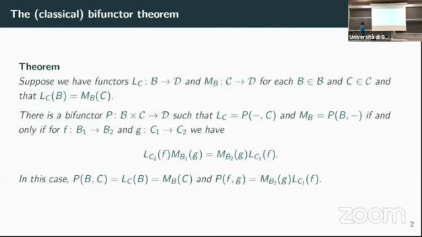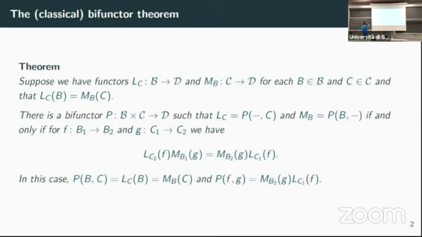Then the theorem states that we have a bifunctor that restricts on each component to give you the original families back. So when you substitute in C, we get our L_C's and so on.